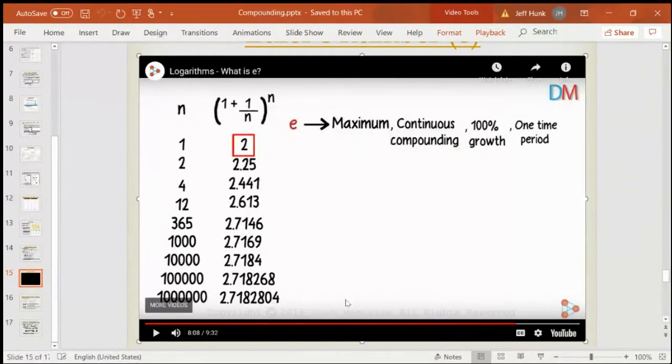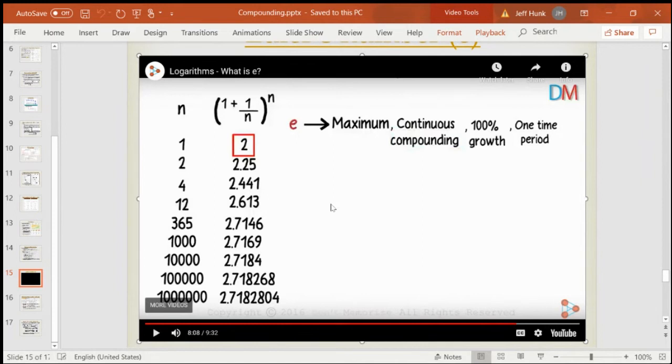So, in other words, this is the ultimate result of this compounding in the limit, right? So that is what e is. That's what Euler's number is, which is called an irrational constant.